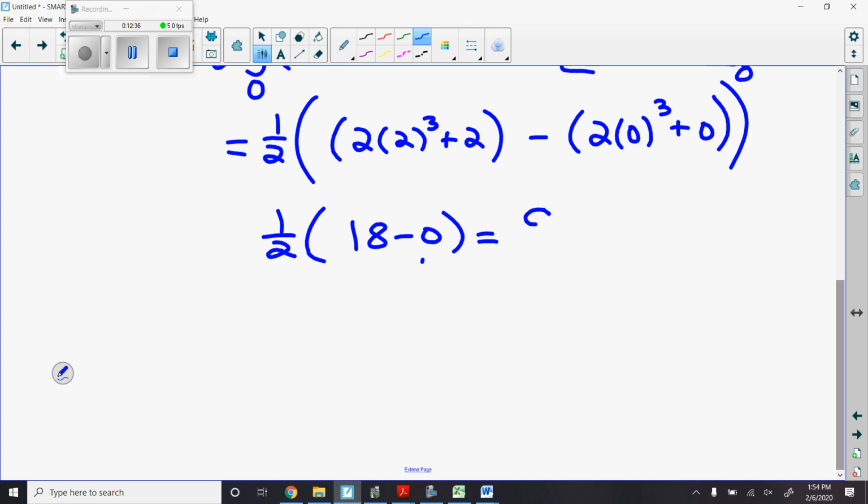And 1/2 of 18 is 9. So what that means is that function, 6x squared plus 1, between 0 and 2, it has an average f of x value of 9.